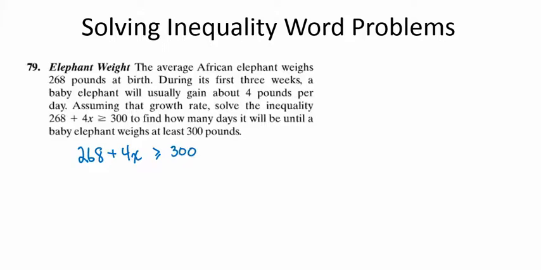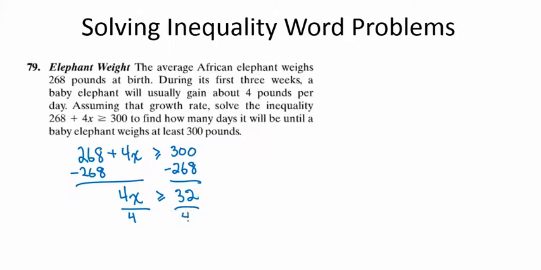We want to find out how many days it's going to take for the elephant to reach or exceed 300 pounds. We're simply going to subtract 268 on both sides, and we end up with 4x is greater than or equal to 32.